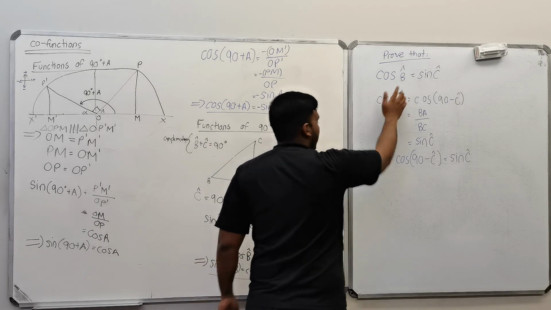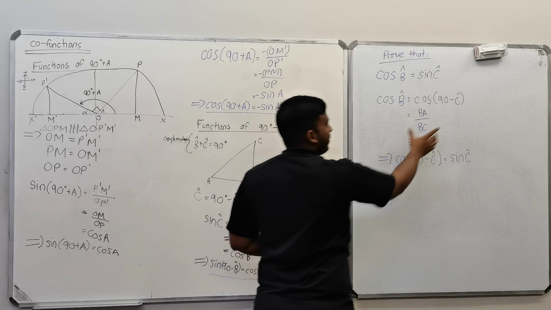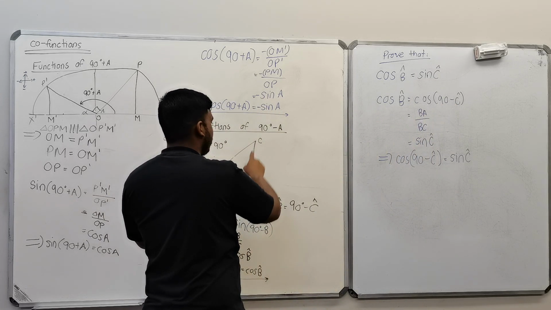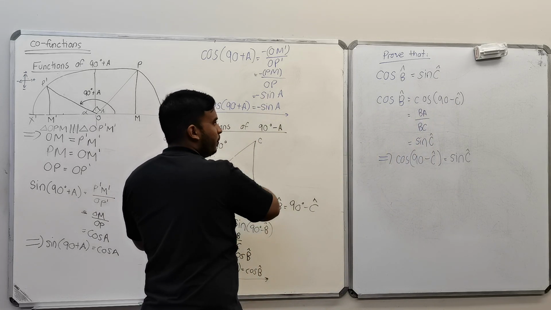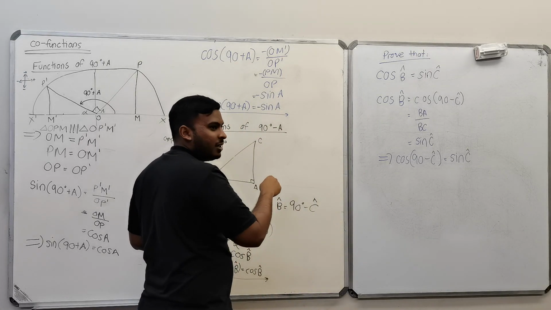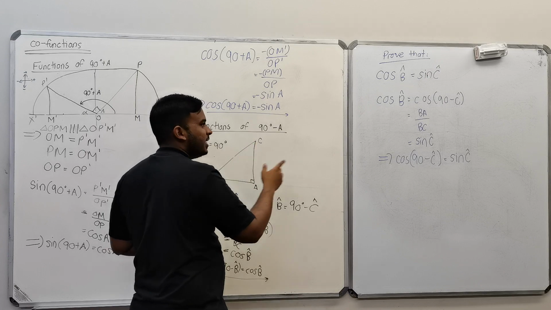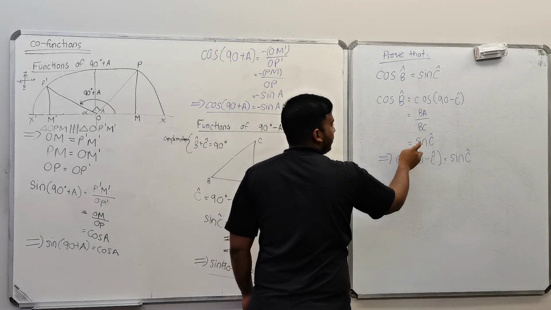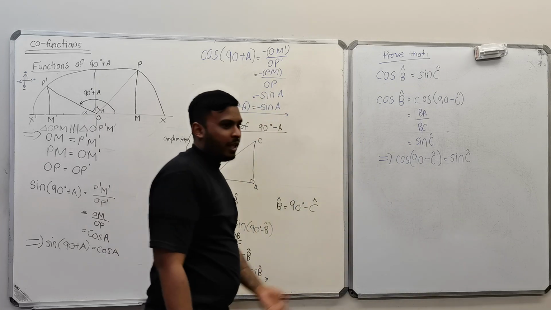Then you say cos B, you swap out B for 90 minus C. You show that cos B is equal to BA over BC. But in terms of the other angle, BA over BC is sine of C. So this was equal to this, and that's how you prove it.